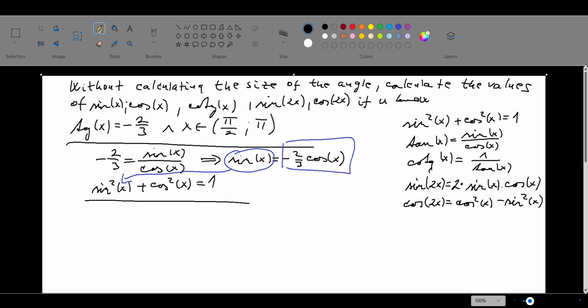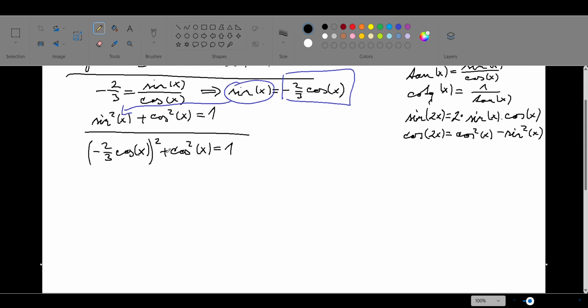This would then lead to the equation, and let me use the parentheses again, negative 2 over 3 times cosine of x, the whole expression squared, plus cosine squared of x is equal to 1. Now there is nothing to be done but to square this expression, which will be a positive number.